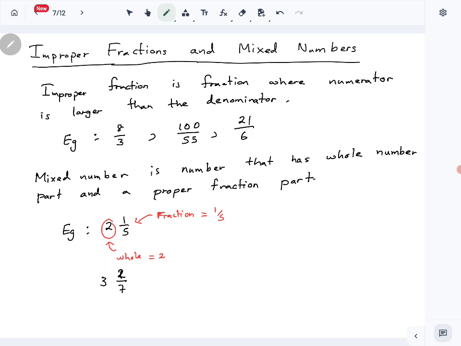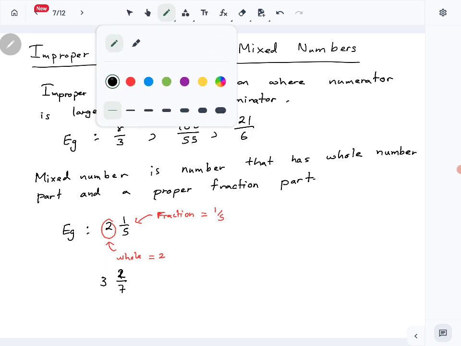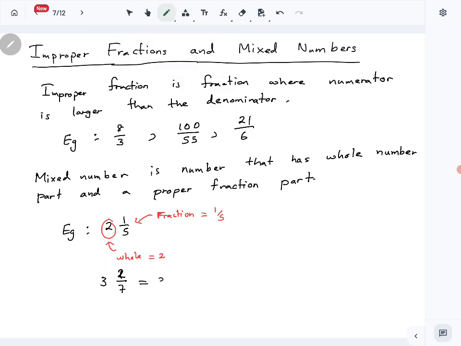This is the same as 3 plus 2/7, the whole number plus the fraction part. And you can write it in this shorthand notation, 3 and 2/7, right?